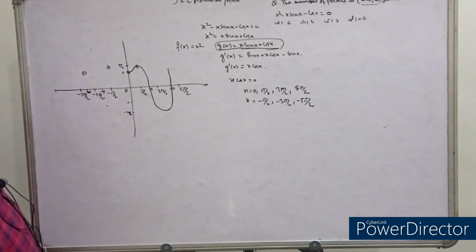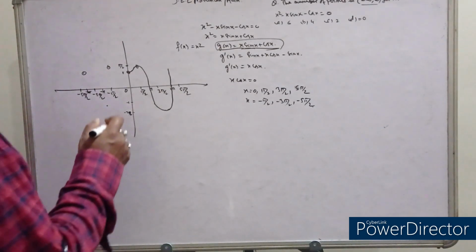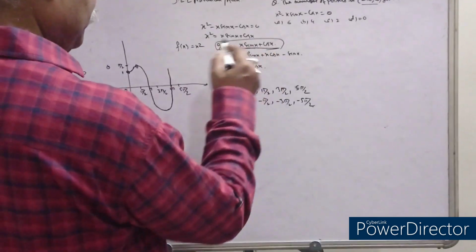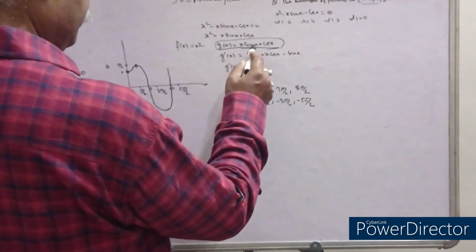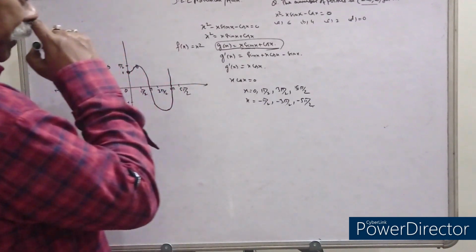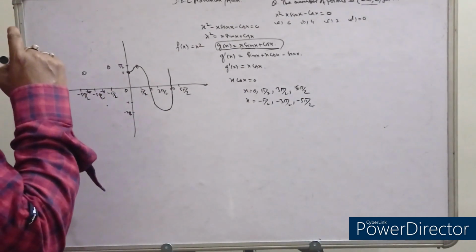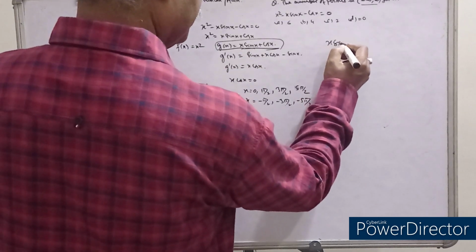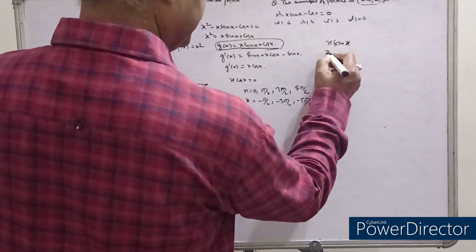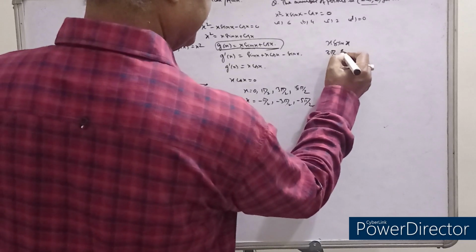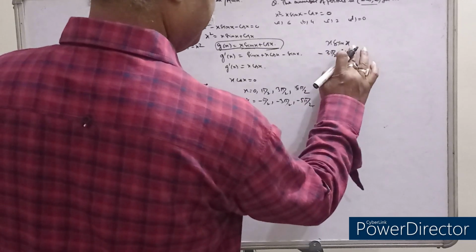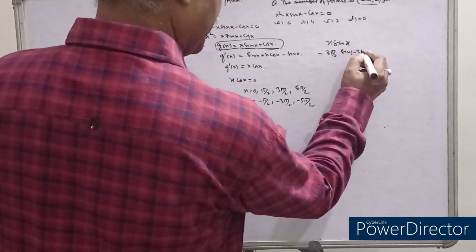Now the problem here is that for your graph at minus 3 pi by 2, because this is 0 and that is minus 1. See again, x sine x, so 3 pi by 2 and sine of minus 3 pi by 2.